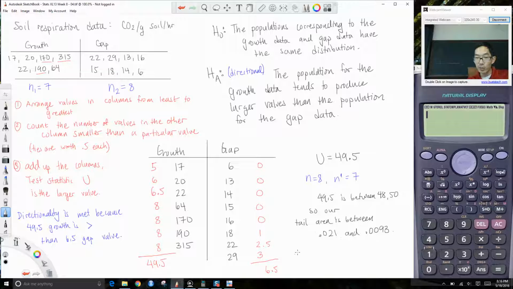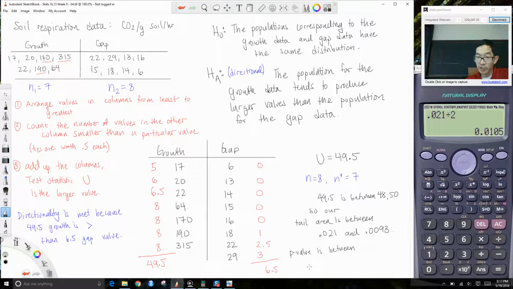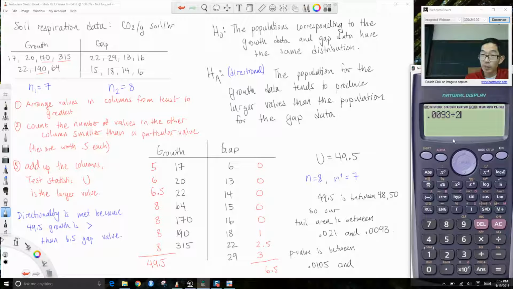So our p-value is between 0.021 divided by 2, which is 0.0105, and 0.0093 divided by 2, which is 0.00465.